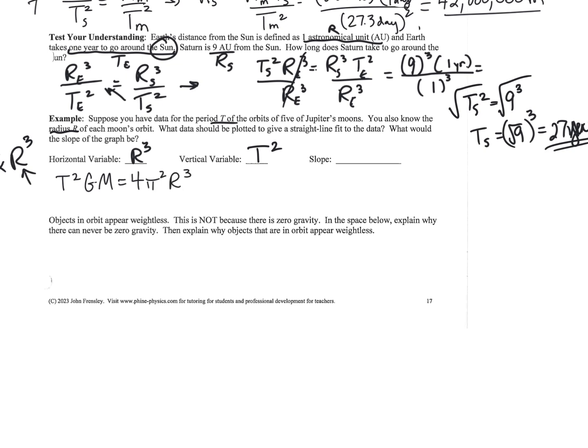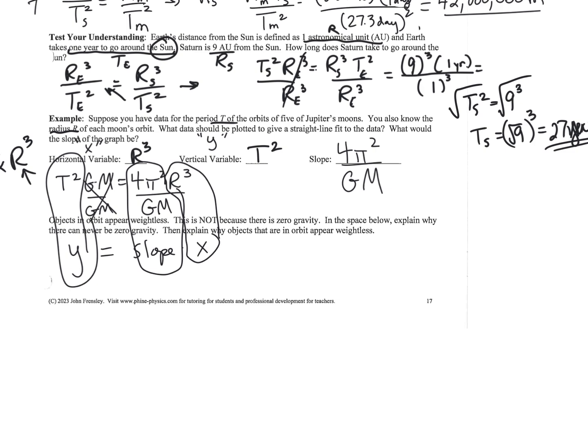If this is my y and this is my x, then I need to get my y by itself, so I'm going to divide by GM on both sides, and that goes away. If I compare that to y equals the slope times x, where x is my r cubed and y is my T squared, then the slope is 4 pi squared over GM. So we can even linearize orbit information.